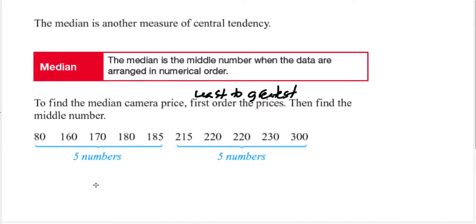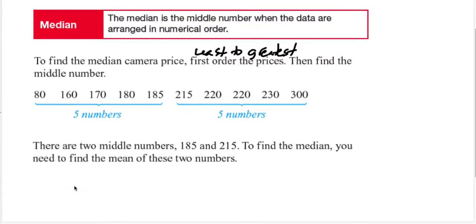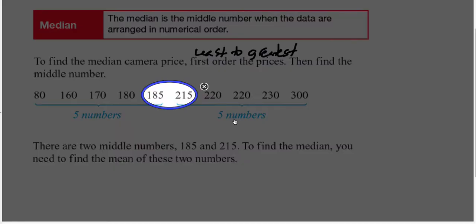If you have an even set, you need to add the 2 middle numbers. The 2 middle numbers are 185 and 215, these 2 numbers right here.